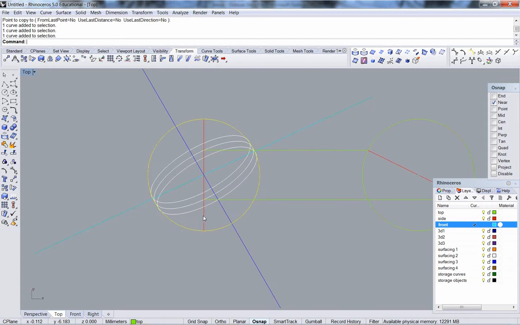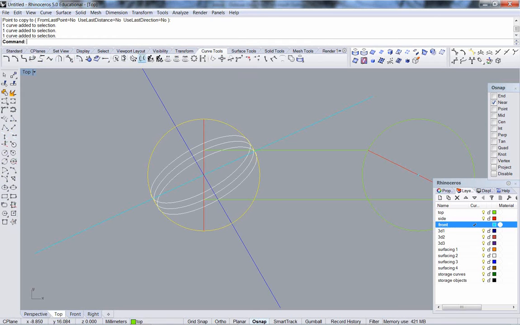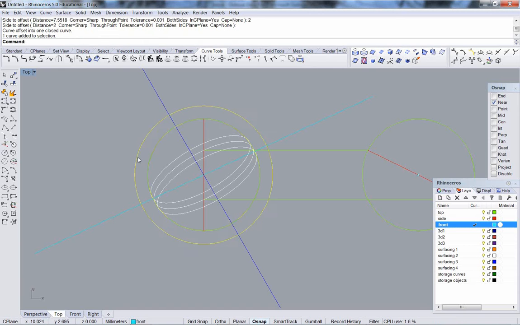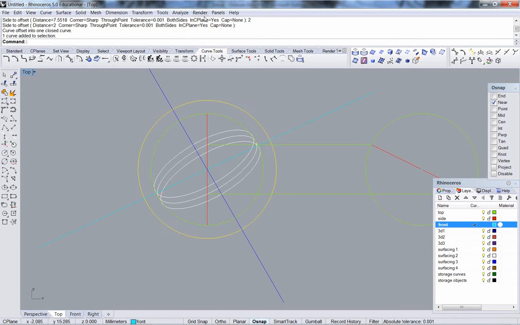Okay, we know that for our purposes generally this would be 21 millimeters, 2 millimeters, so a total of 4.